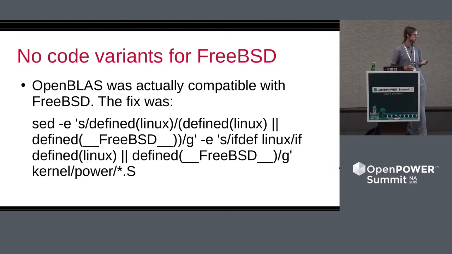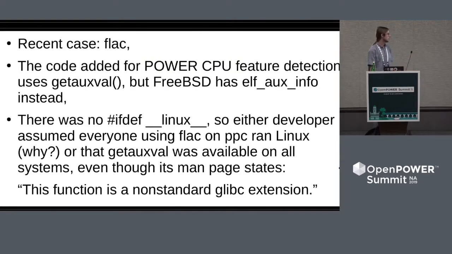And as it happens, it can all be fixed if I just replace all checks for Linux with checks for FreeBSD and Linux. Then it just works. Actually, that is not all, because OpenBLAS on Power8 and Power9 is little endian only. So we need to optimize for Power6 and older.